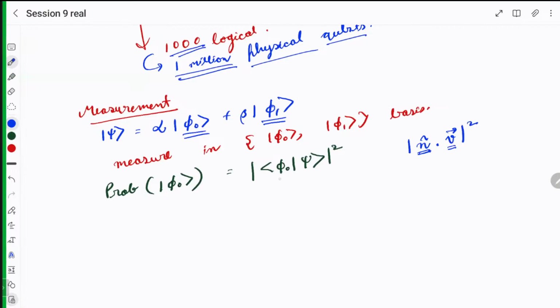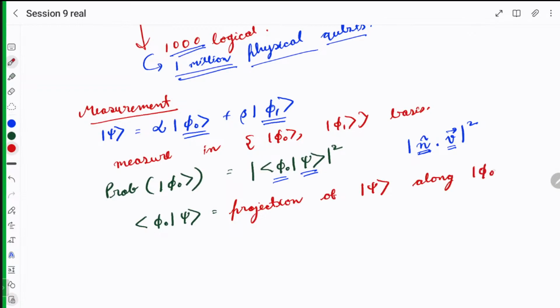So here the inner product does the same thing. It takes the projection of psi. So if I just take, let's say, bra phi naught psi, then we had the projection of psi along phi naught. And of course, this would be nothing but mod alpha squared.